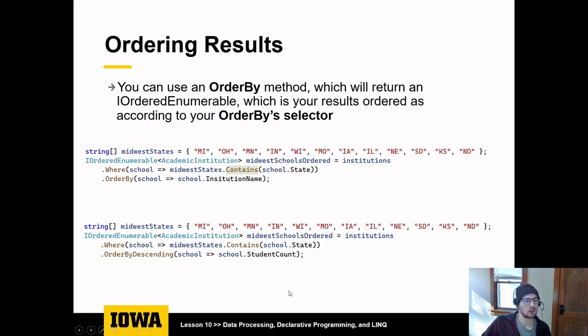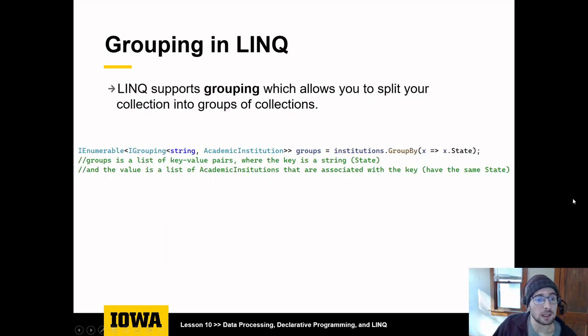Okay, grouping in LINQ. So grouping allows us to split or partition our collection into groups of collections, or you could say split our lists into groups of lists, or split our lists into lists of lists.